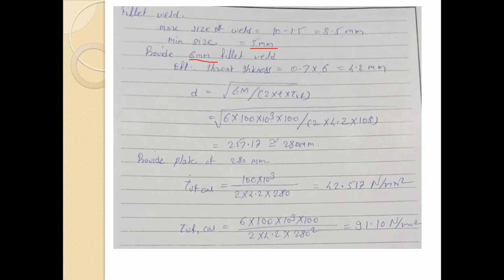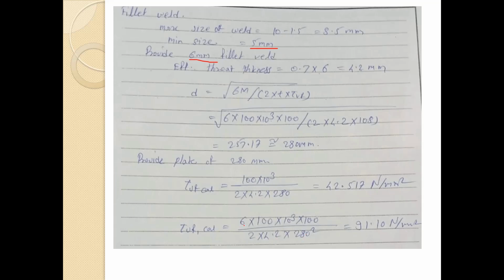So we'll get tau Vf calculated first, that is P divided by 2 into T into D. So we are getting 42.517 Newton per mm square, that is this direct stress. And here tau Vf1, we have the formula 6 into M divided by 2 into T D square.